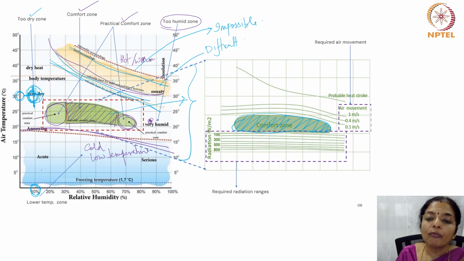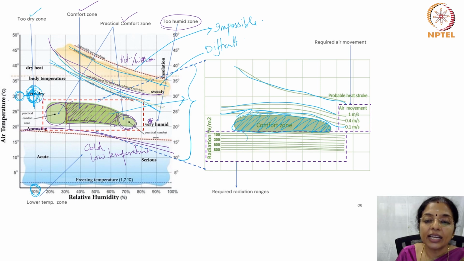Then, when there is breeze movement of 0.1 meter per second, then the comfort zone can extend itself and so on. But at this point, it will be too hot and there will be probable heat stroke.